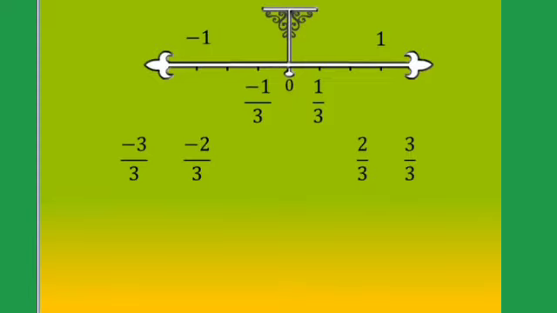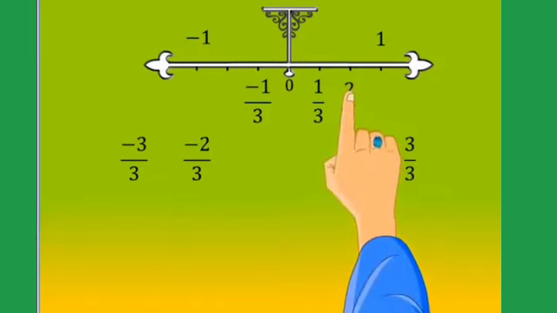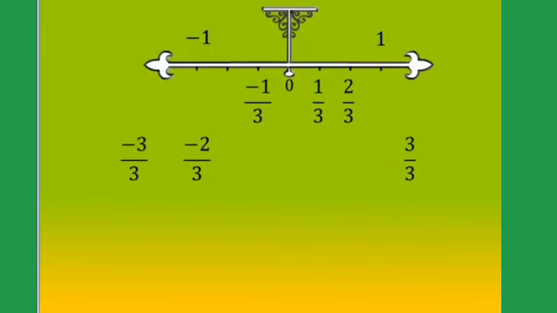So, the second mark from 0 between 0 and 1 represents the rational number 2 divided by 3. The distance of 2 divided by 3 and minus 2 divided by 3 is the same from 0. So, the second mark from 0 between 0 and minus 1 represents the rational number minus 2 divided by 3.